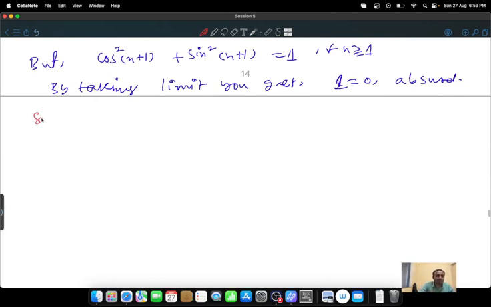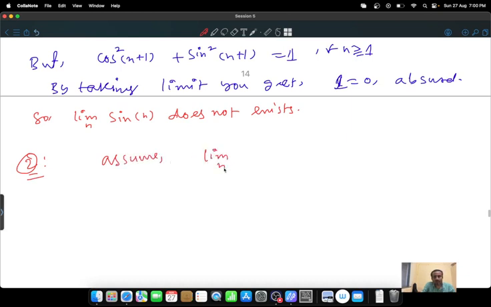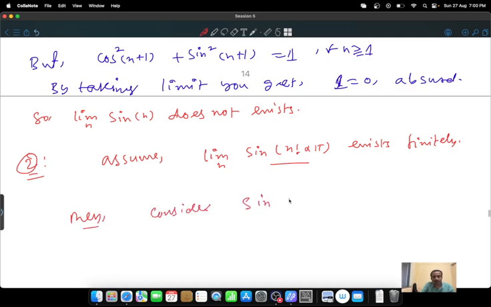Okay, so the limit of sin n does not exist. And for the second part, you again assume the limit of sin(n! alpha pi) exists finitely. Then consider sin(n+a), where a is large enough.